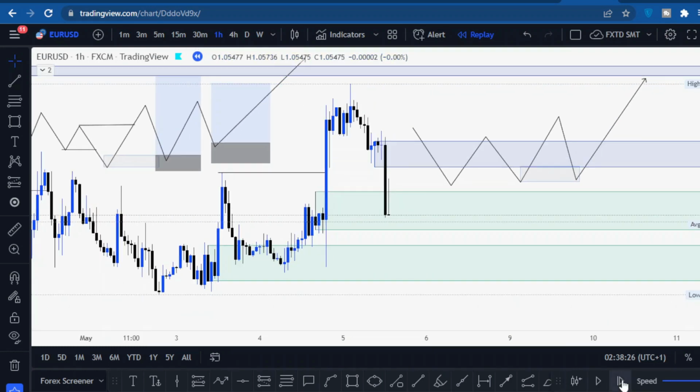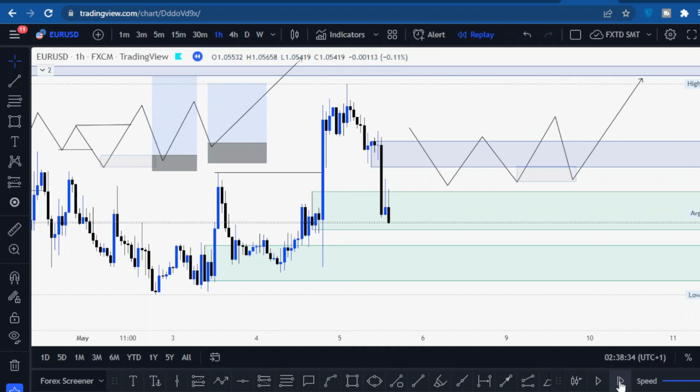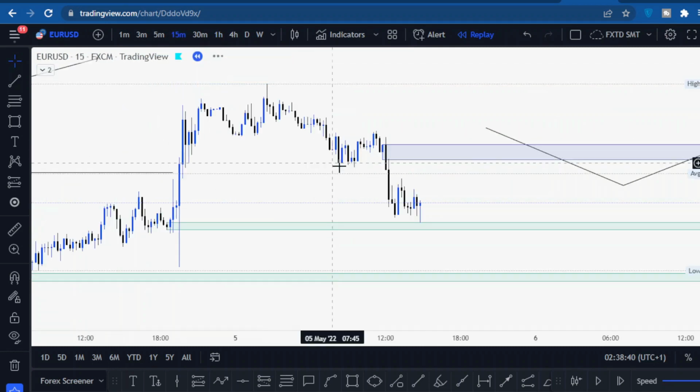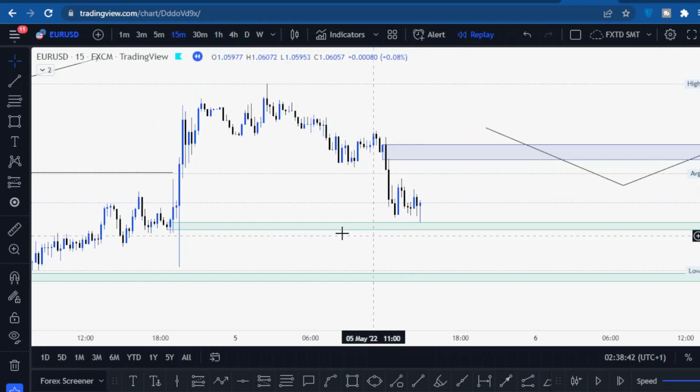So I'm going to play this now. You see that there's actually a reaction. We've seen a reaction here on the 1 hour, right? But on the lower time frame, say the 15 minutes, you can see that market structure is forming.